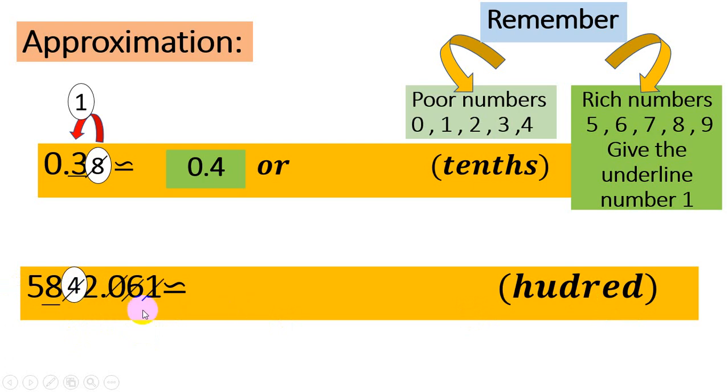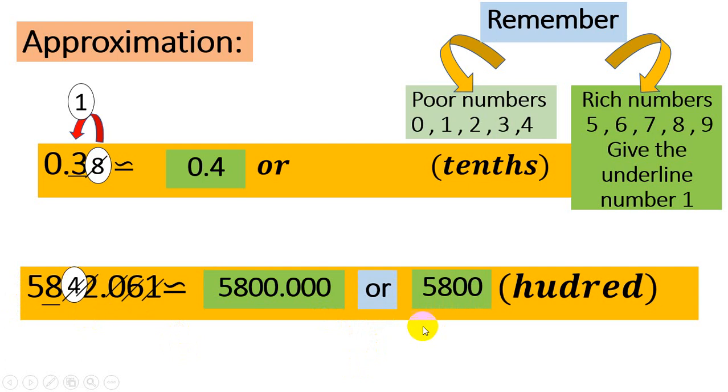Cross out all the numbers after the underlined one. We replace all the digits after the decimal point by 0, or we can write 5,800 without the decimal and the zeros after the decimal. Like this number, we can write it in 2 ways.